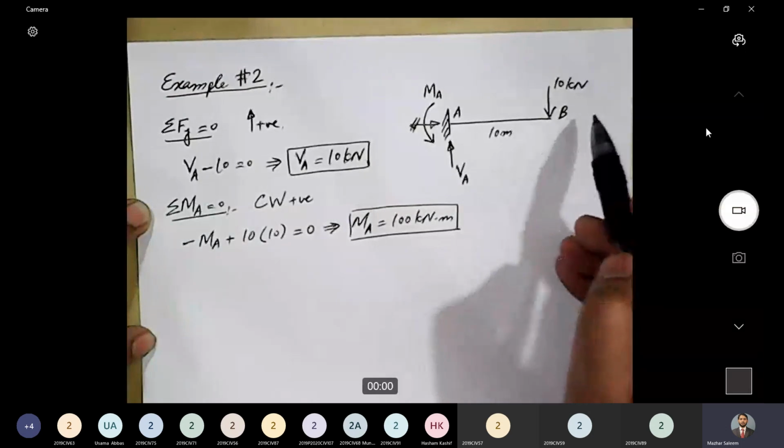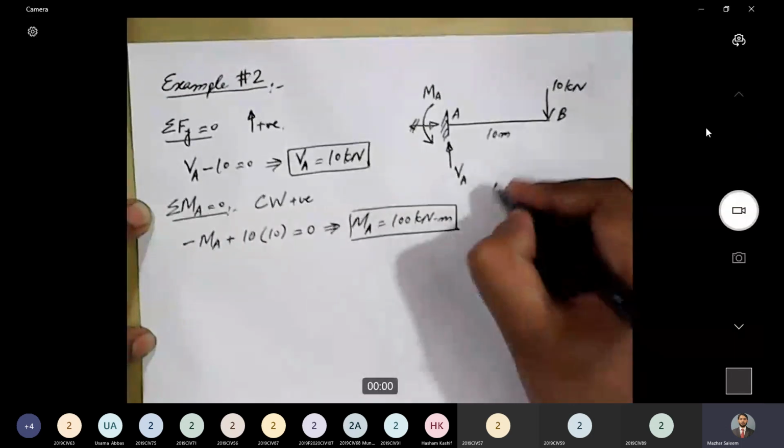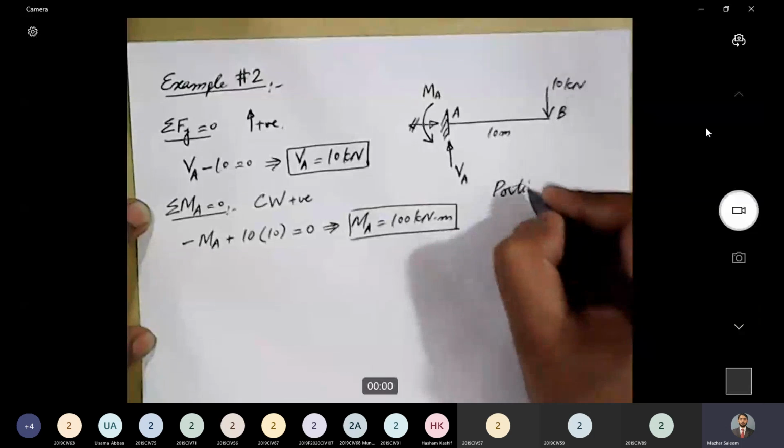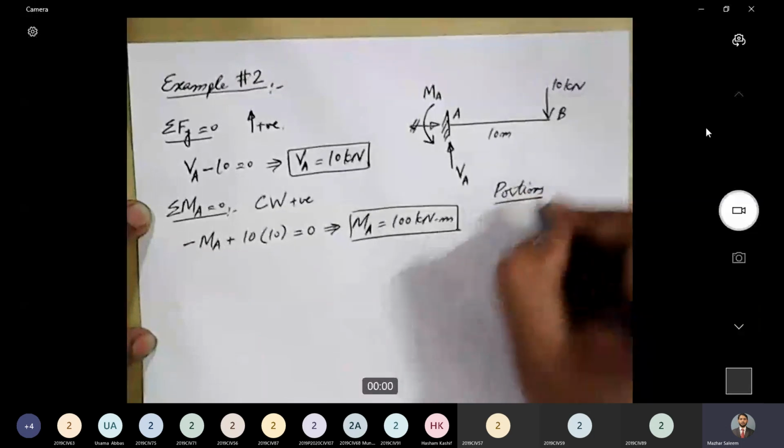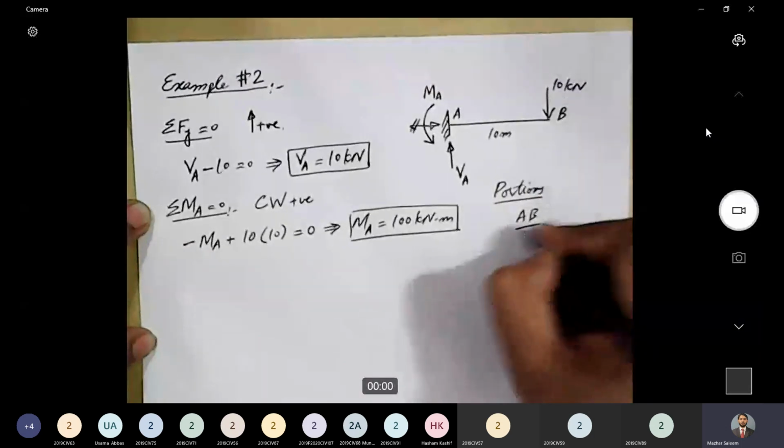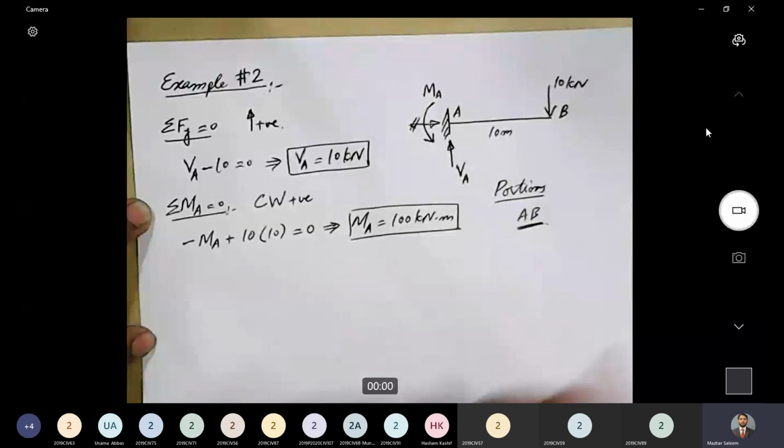There is nothing present on the right side of it. So there will be actually only one portion, AB. So in this beam, we do not need to consider 2-3 different portions. There is only one portion, and that's equal to the entire length of the beam, portion AB.